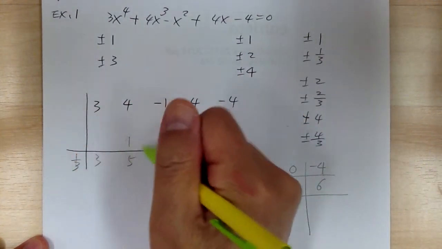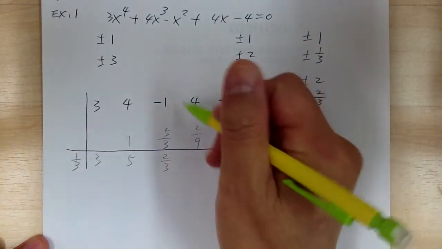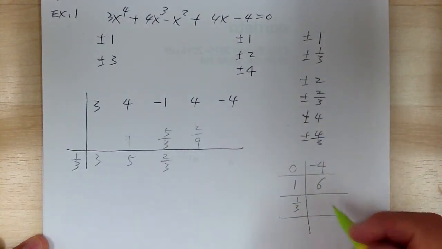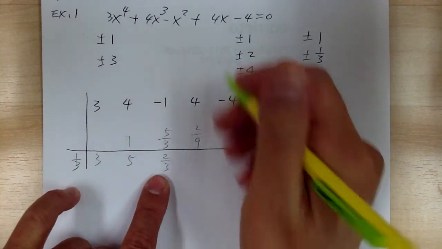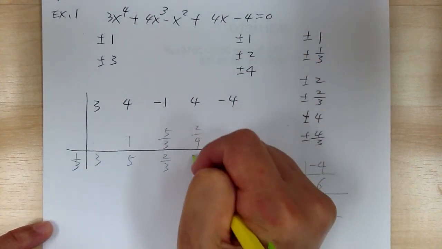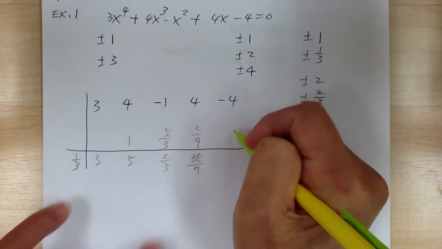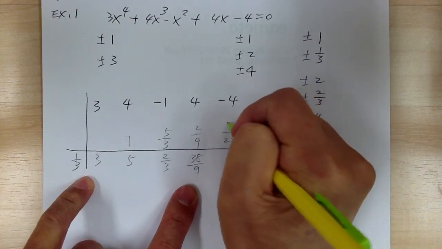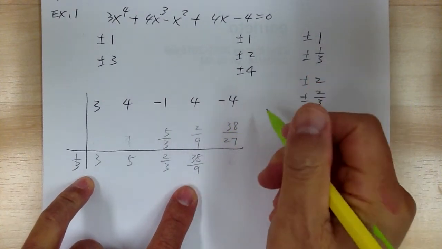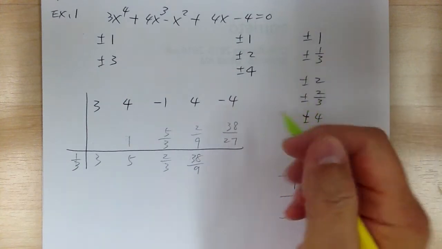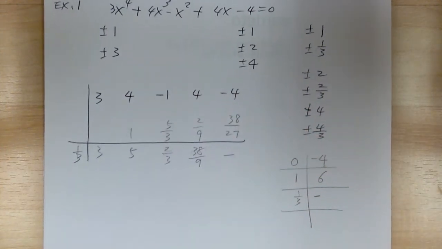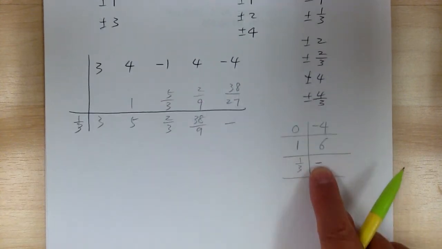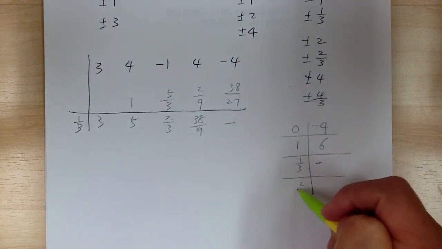Let's double check to make sure it's all good. 2/3, 2/9, and this one looks really yucky. It's going to be some kind of negative. Again, you don't need to be exact. You know that it's not quite making it yet. So let's try 2/3.